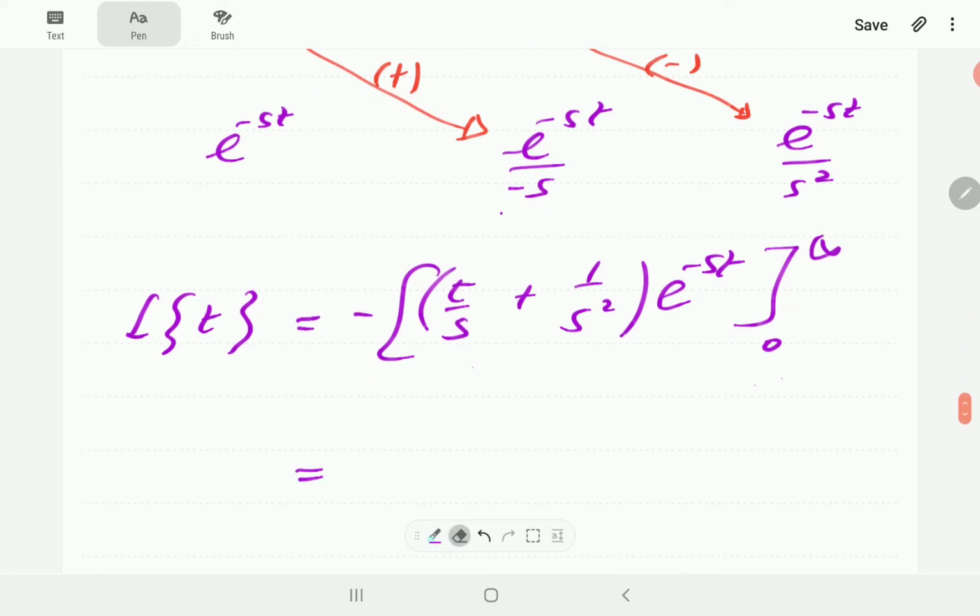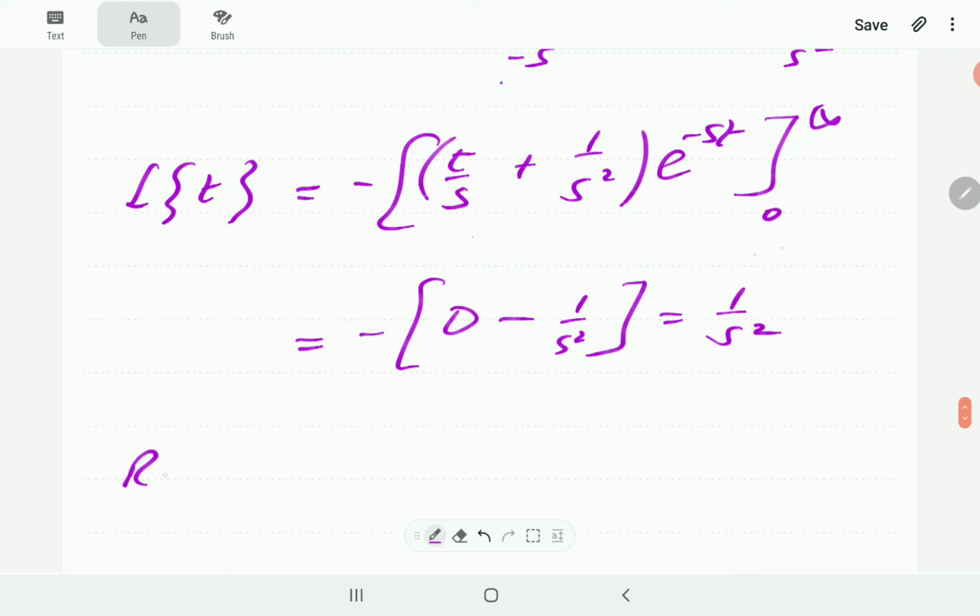As the limit t goes to infinity, this times this is going to go to 0. We've just proved that in number 1. So that means that first one is going to be 0. Then when t equals 0, this vanishes, this becomes 1. So this is going to be 1 over s squared.